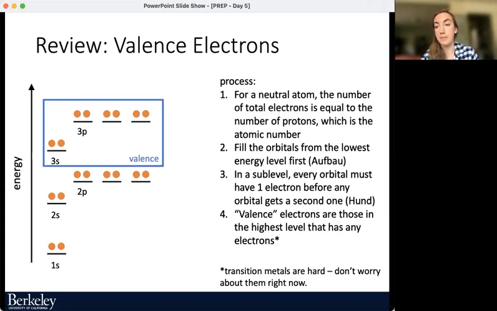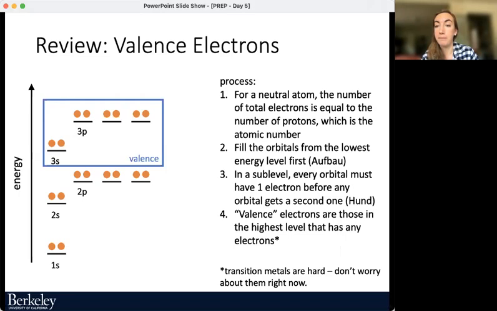Exactly. Okay, thank you. So the number of total electrons that you count in step 1 should be the sum of your valence electrons plus your core electrons. So if you know the total number of electrons and you know the number of valence electrons, you just subtract them. Good question.